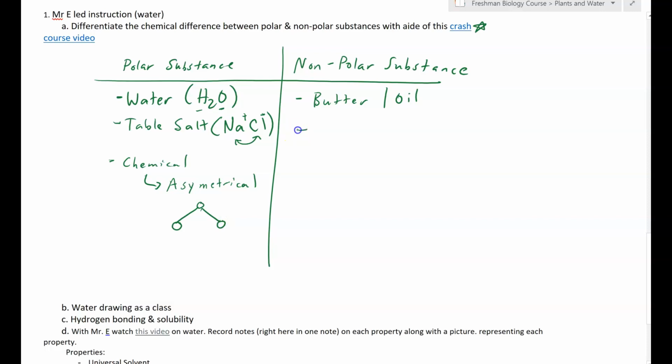And then oils are going to be kind of like long chains. You can see some bends here and there, but for the most part they are long chains. So again, differences between polar and nonpolar substances, they do interact with each other. The fact that water is polar is very important to life on Earth because of that uneven distribution of charge. And then for nonpolar substances, we're looking at things like butters and oil.